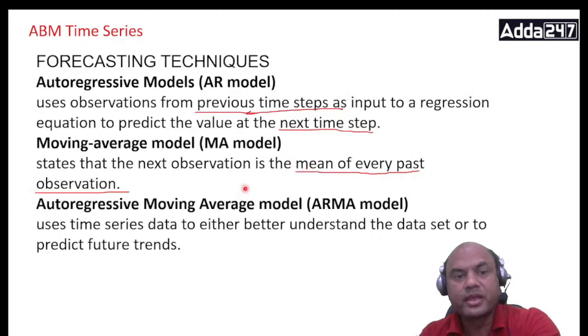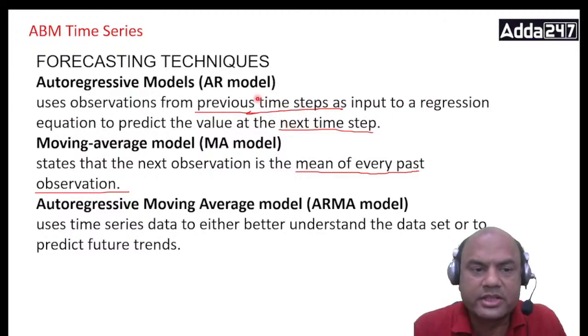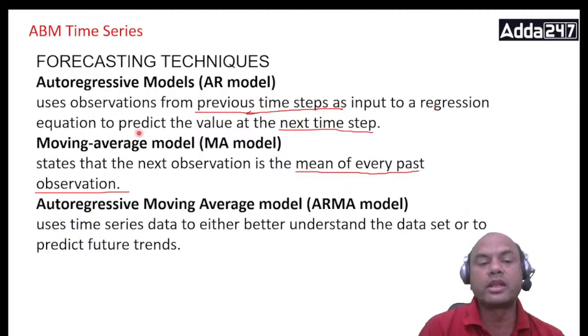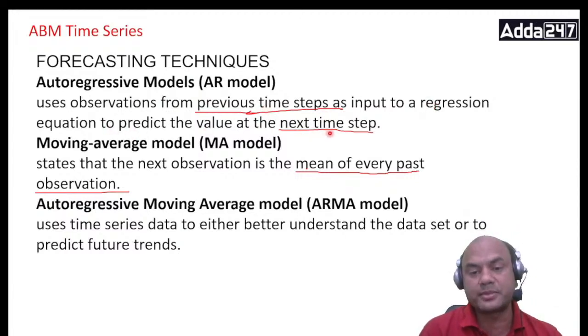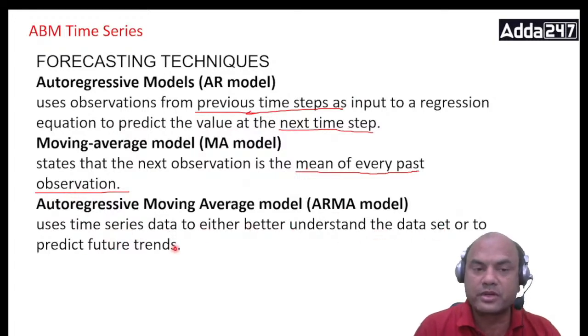Now these are in short what I have given. Auto-regressive uses observations from previous time steps as input to the regression equation to predict the next time step. Moving average MA states that the next observation is a mean of every past observation. Auto-regressive model uses the time series data to either better understand the data set or to predict the future values.